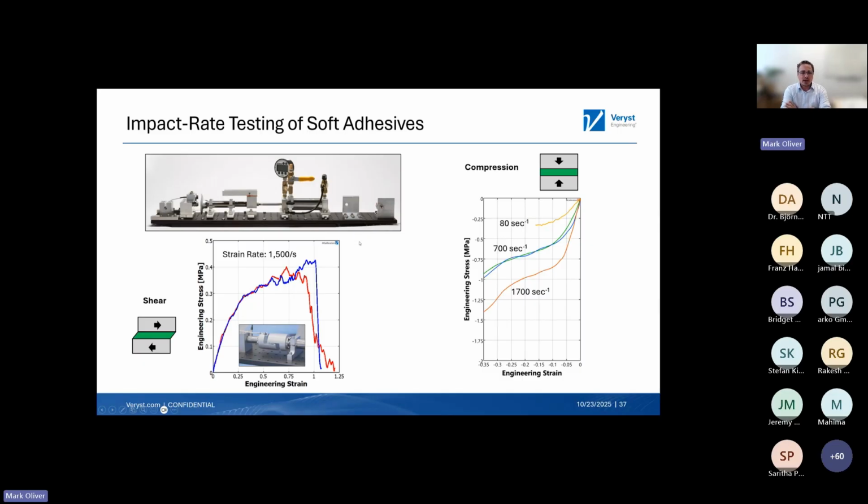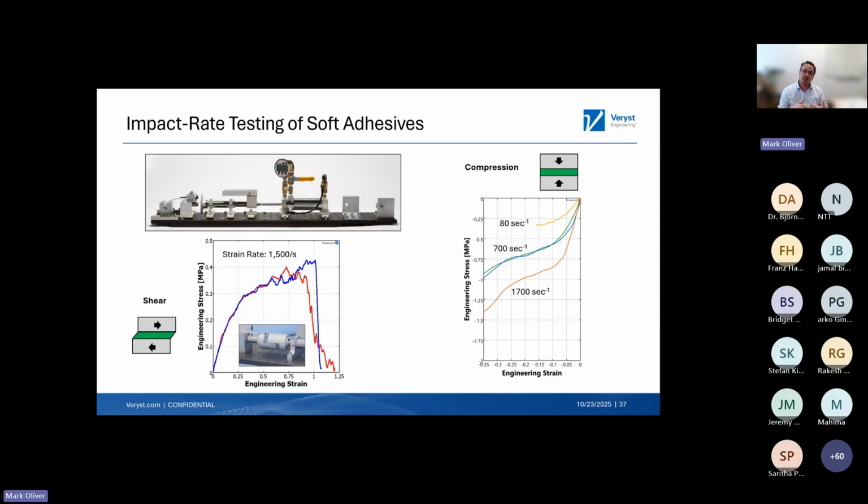The other thing is the high rate dependence of soft adhesives. Many of these really soft adhesives, the stiffness can change many times over, like an order of magnitude of strain rate. And so, particularly if you're interested in scenarios where an adhesive is involved in an impact event, right? Imagine consumer electronics, you have some sort of adhesive, somebody drops their thing, it hits the ground.